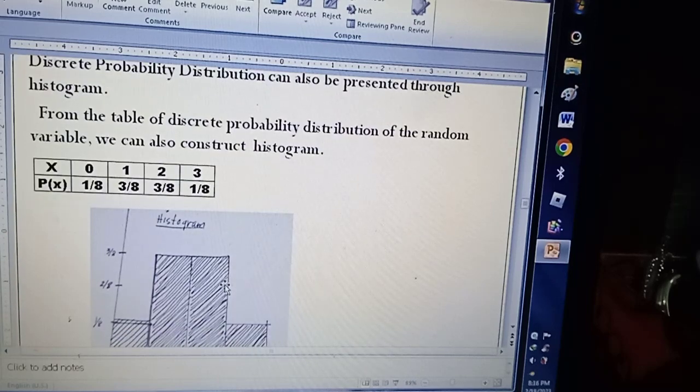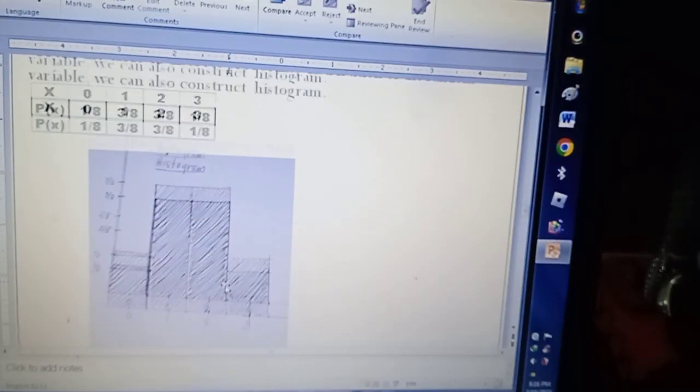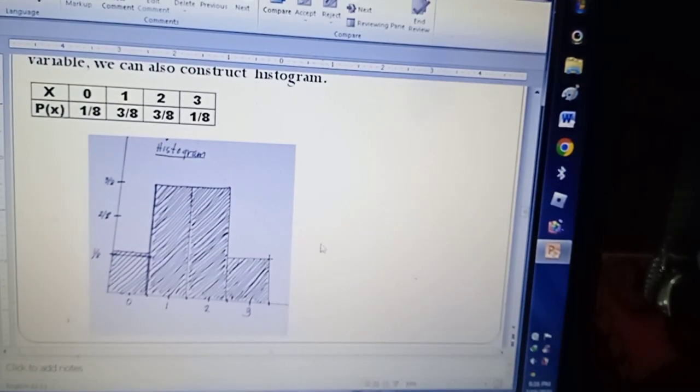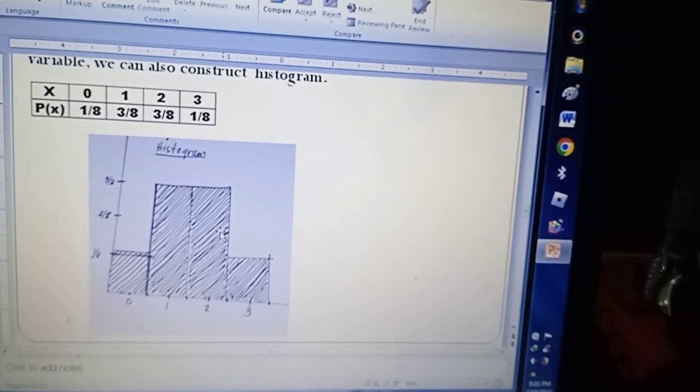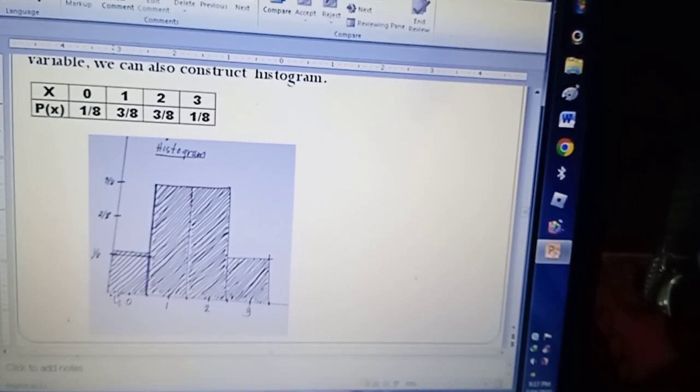Now, the other one is to present this as a histogram. Oh my God, the vertical line I drew is not perpendicular, but you just assume that this is perpendicular. As well as this line, it seems that it is inclining down, but that is really a horizontal line.